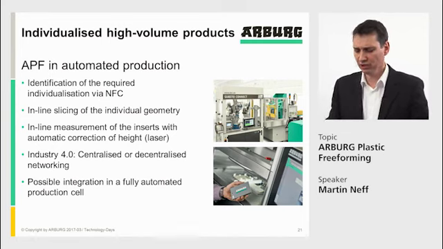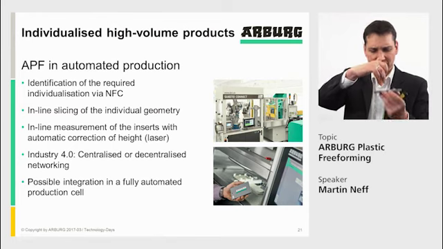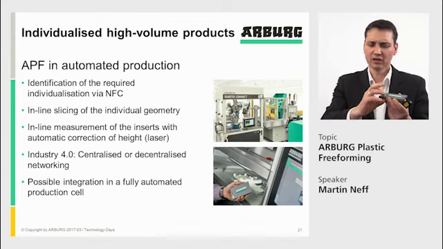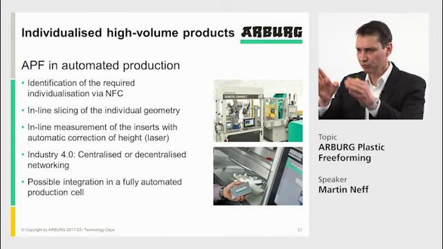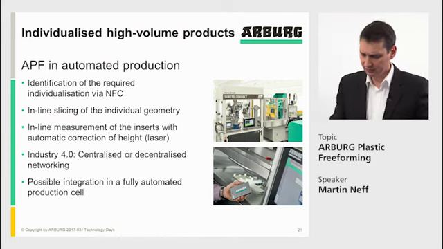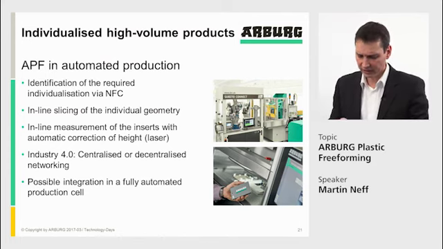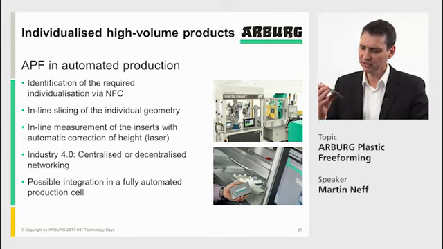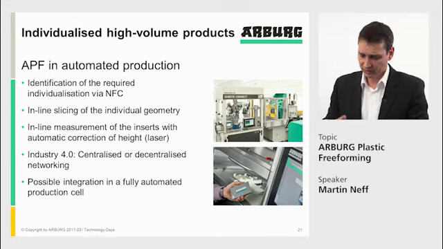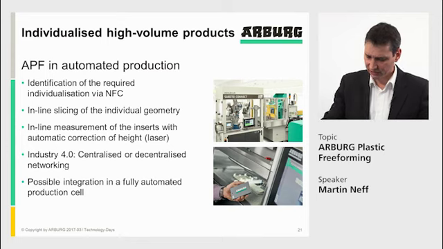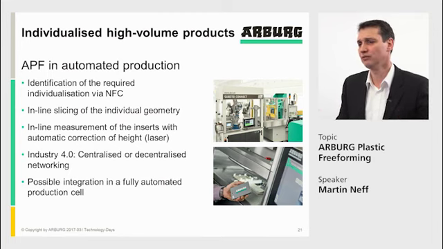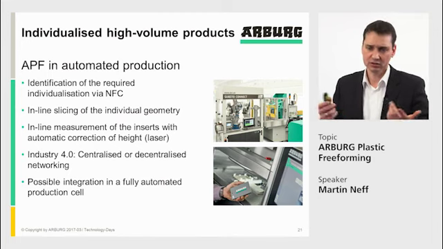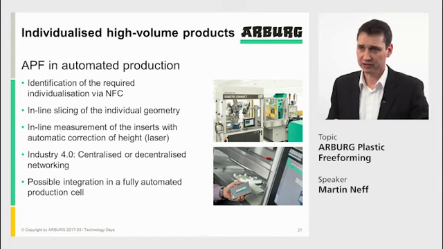We also need to adjust the height automatically because we have tolerances which we need to compensate. All these production steps are interlinked, and we can see all the production data of each step in our cloud system. Via mobile phone or via NFC reader you get the production data out. So, a classical Industry 4.0 application. Please have a look into our efficiency arena to look at this part.